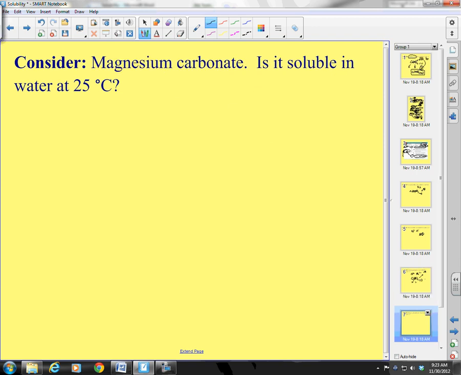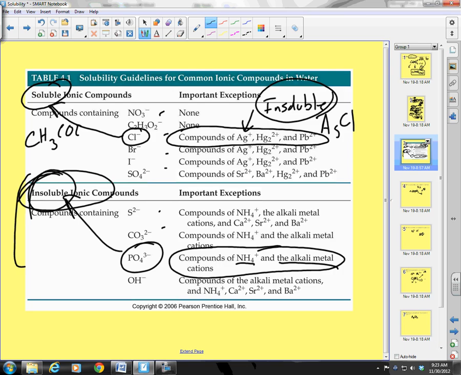Next, magnesium carbonate. You guys do magnesium carbonate? Bring me back. Okay, magnesium carbonate. We go to our table. Let's look for something on carbonates. Carbonates, what are they? They're usually insoluble, except what?